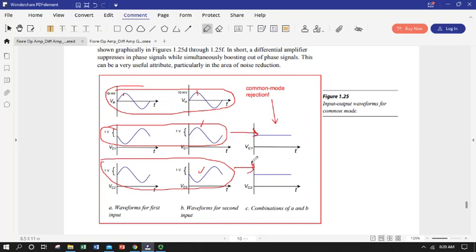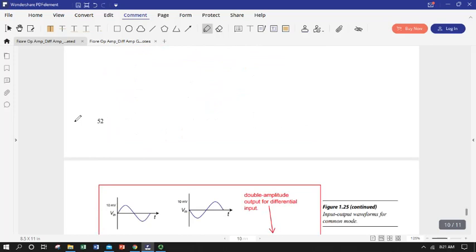Noise tends to be common mode. It tends to be in phase across a wide range of frequencies, and it has the same amplitude as itself. Our signals we can manipulate and bring them in on both sides of the amplifier out of phase deliberately. We can't manipulate noise that way, but the differential amplifier allows us to cancel it out naturally just by combining the signals at our output.